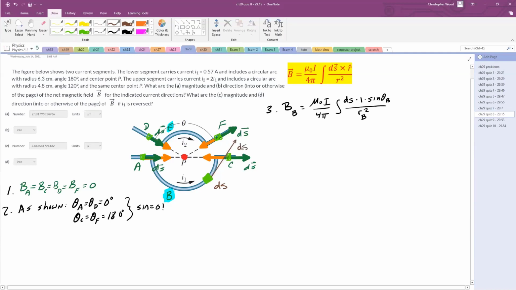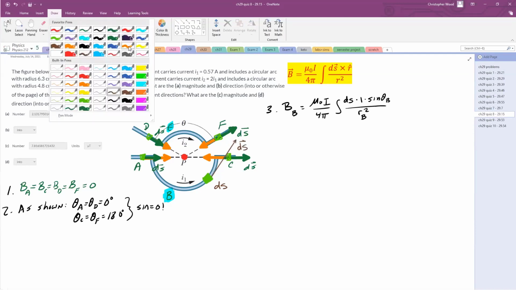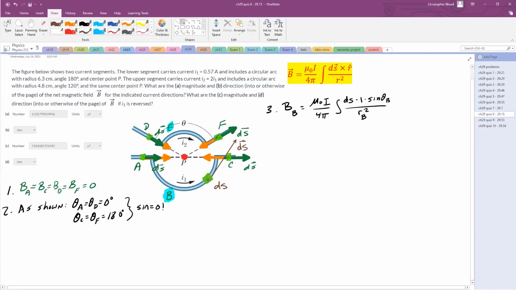So that's the ds vector. My r hat vector is pointing towards the center of the circle. And you can see that's 90 degrees. R hat.